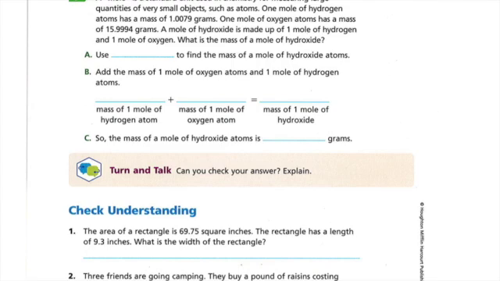So what operation are we going to use here to find, if we have oxygen and hydrogen and we put them together, what's the total mass? Right, we're going to use addition. So the mass of 1 hydrogen atom is 1.0079. The mass of 1 oxygen is 15.9994. We need to add.